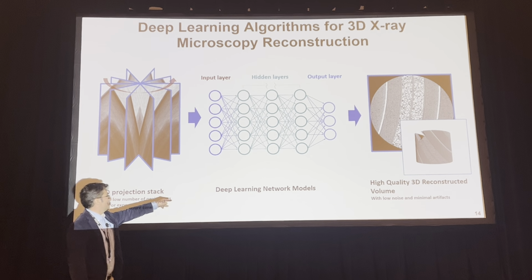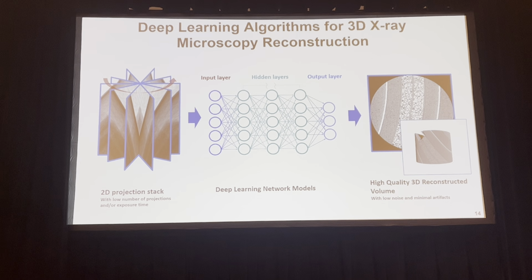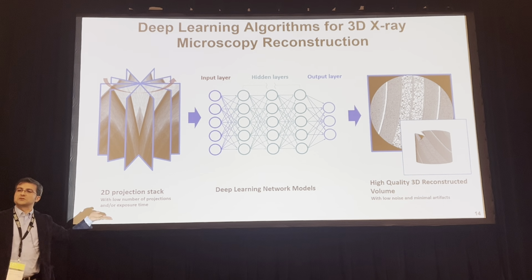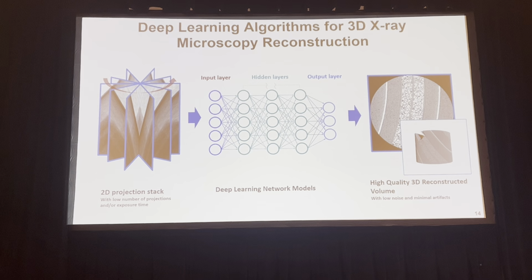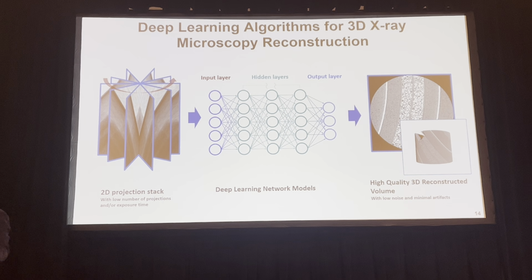What is happening with the deep learning network is we are teaching the algorithm to identify noise from features, from actual data that you care about. And once you have that model, then we can apply that to similar type of samples that you are going to be scanning.